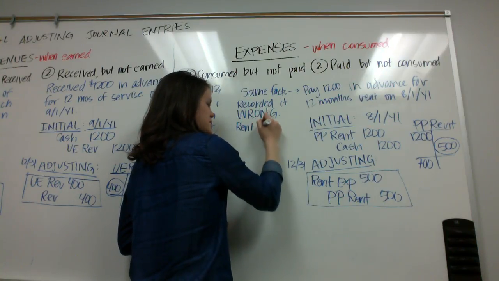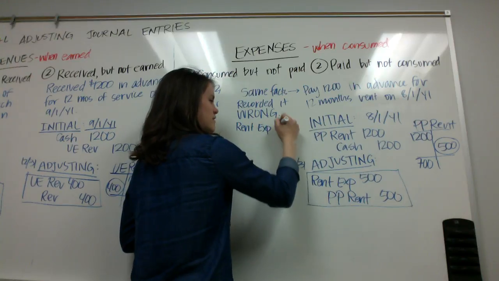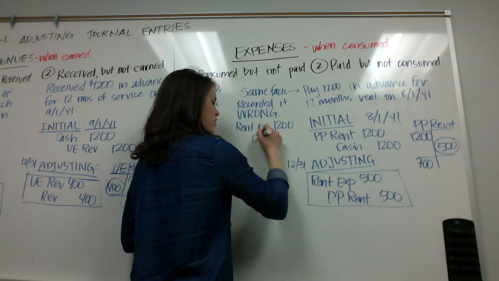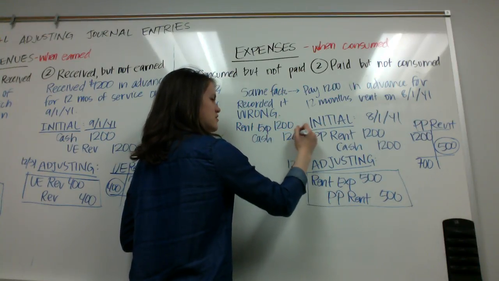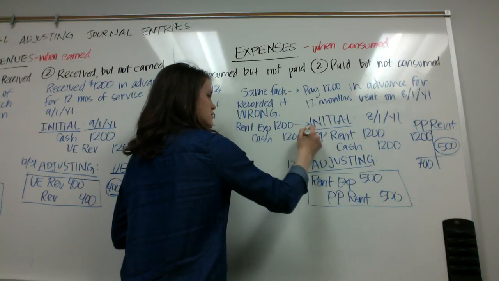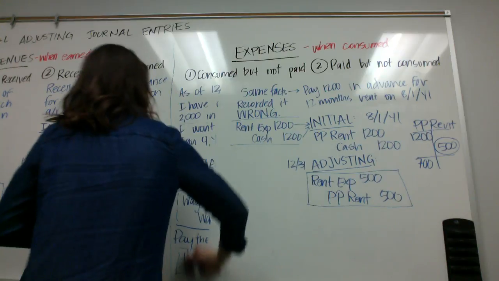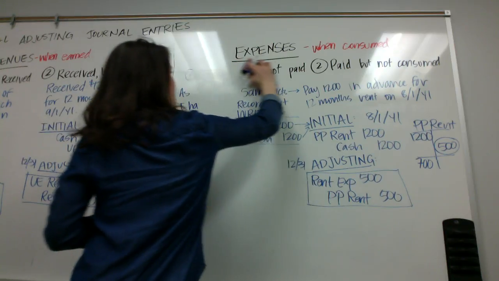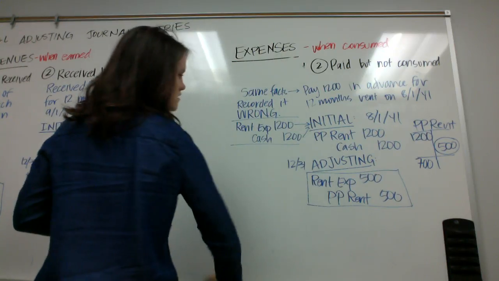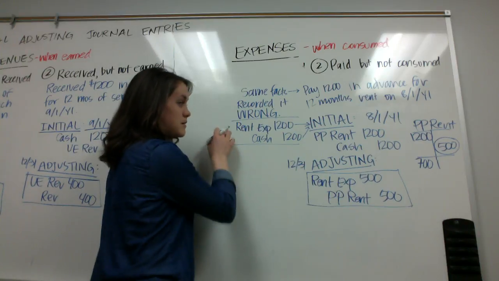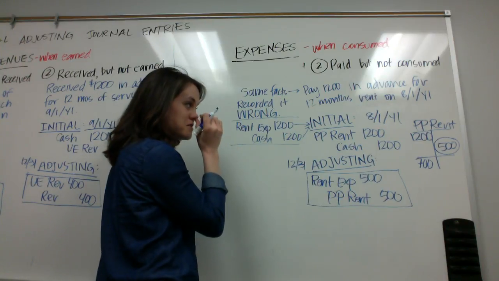So they debited rent expense for the $1,200 and then they credited cash. That was their initial journal entry, right? So they debited rent expense and credited cash.